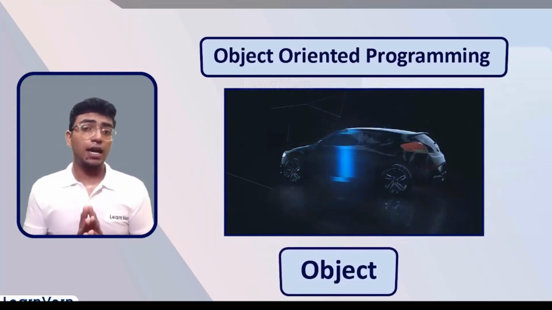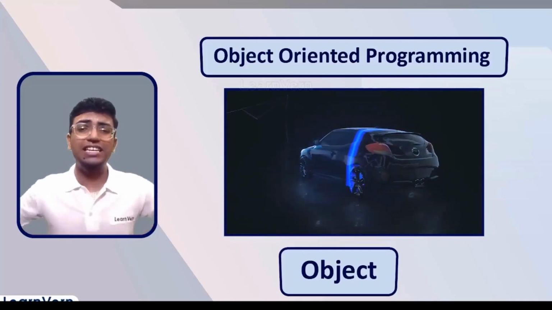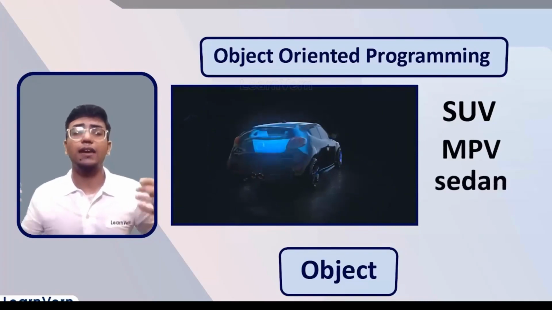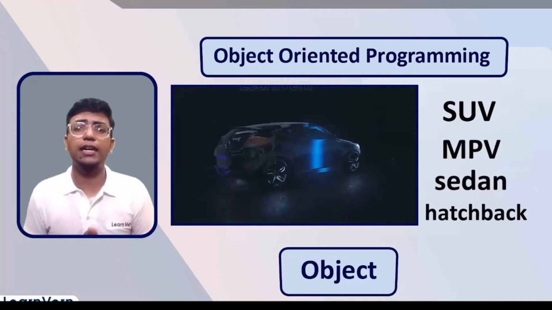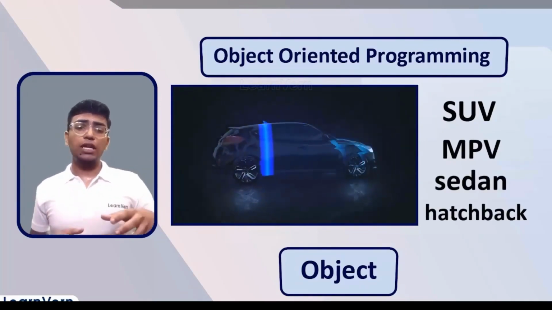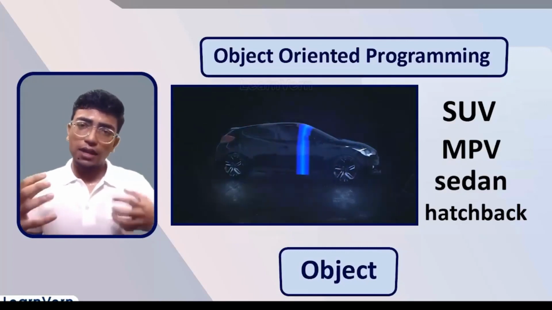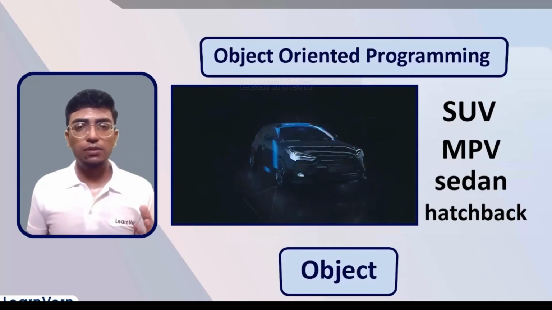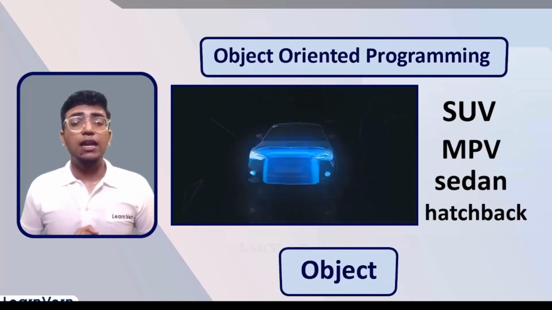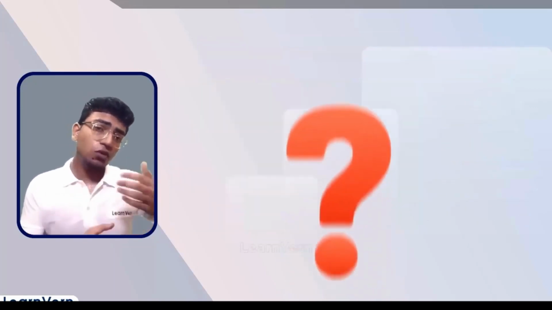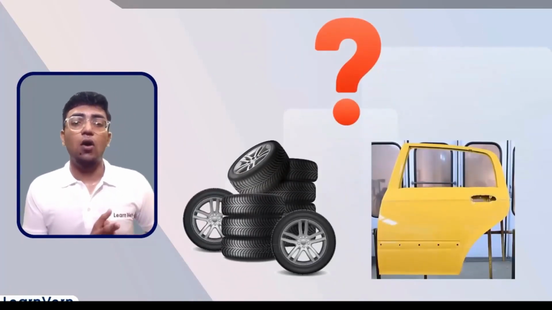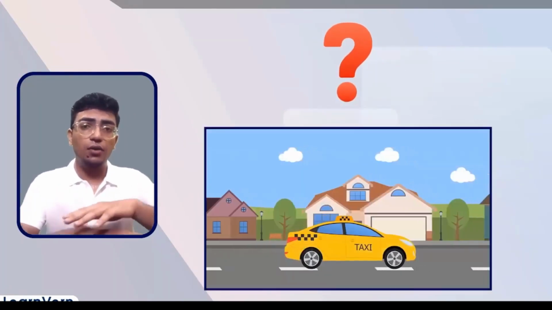Now I have to do this for all the types of cars, like SUV, MPV, sedan, hatchback or any other type. I have to make an object of these cars as well, which means I have to make a representation in my system. But will I have to write all those things again, like the tires, the doors and how many, and that the car runs on the road?